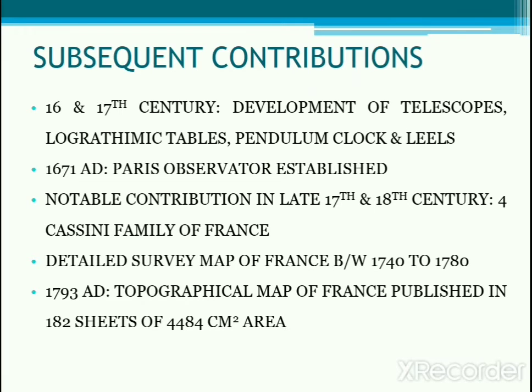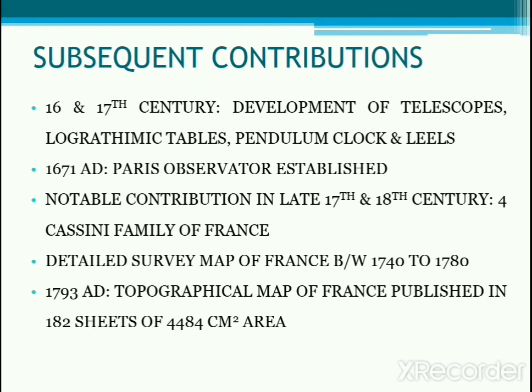In 1671, the Paris Observatory was established where numerous places based on latitudes and longitudes were recorded under the Royal French Academy of Sciences. They also took up the preparation of a detailed map of France.